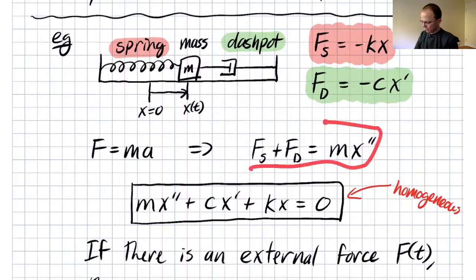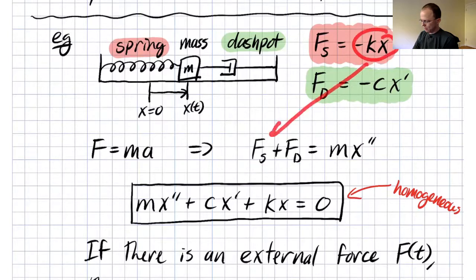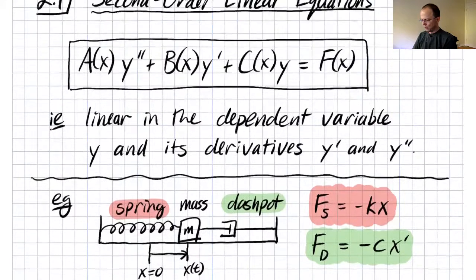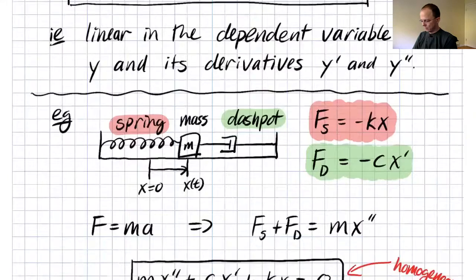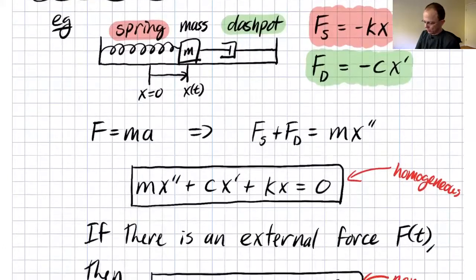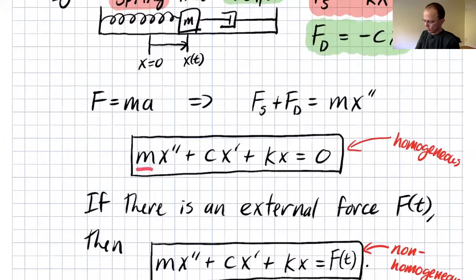When you rewrite this equation by substituting in these terms and moving everything to one side of the equation, we get this very nice equation. You can see this is of the form of the general second order linear differential equation. The only difference is these coefficients here are just constants, although I guess there's no reason why they couldn't also be functions of time.